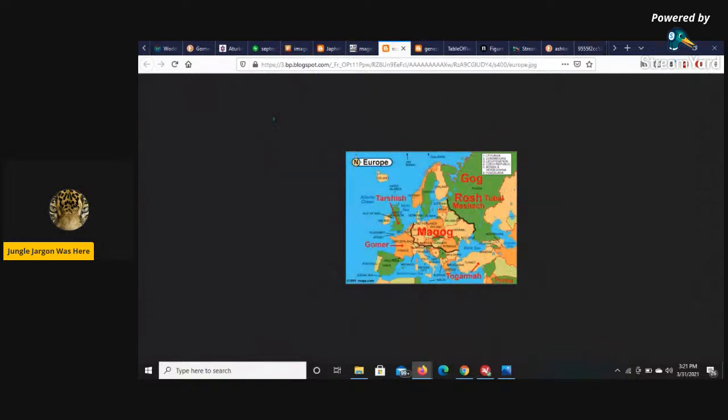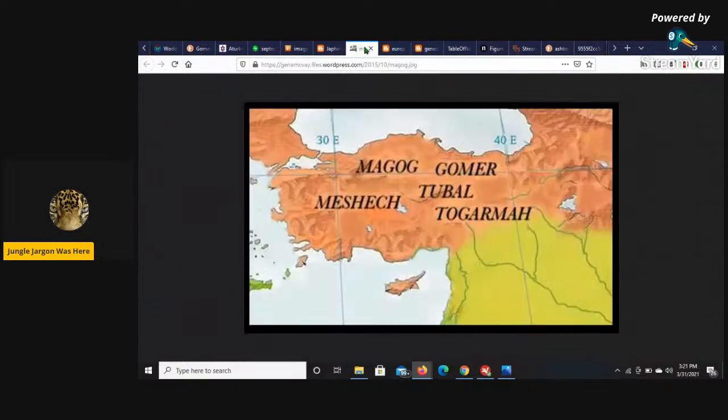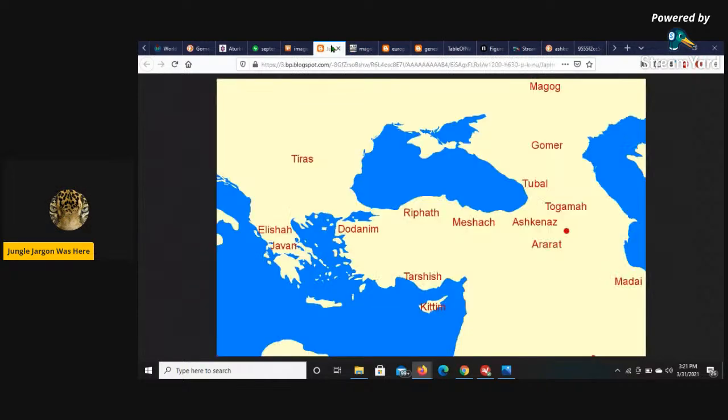So this map is rubbish. Just some guy wanted to put something together to blame somebody of something. So the TY chromosome, we'll have to try to figure out who that was. Maybe it's Tiras. Maybe it's Javan. But we still have Magog, Gomer, and Tubal.